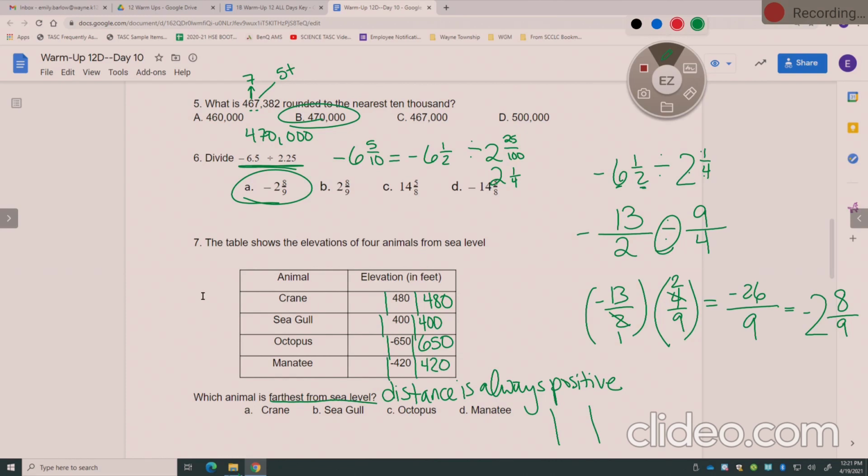Because whether I'm above sea level or below sea level, which is what these positives and negatives mean, I am still that many feet from the sea. So even at negative 650, which would be 650 feet below sea level, I'm still 650 feet. So the animal that's farthest from sea level is the octopus.